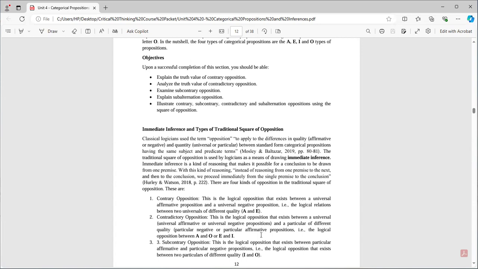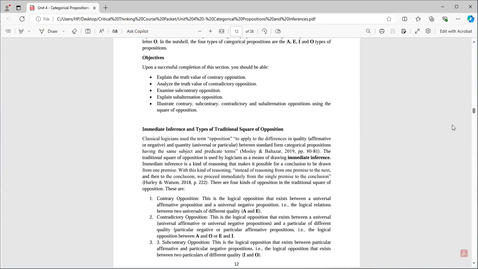If you have A versus E, universal affirmative proposition versus universal negative proposition, when the two of them interact, one as a premise and the other as a conclusion, we get what is called contrary opposition. A contrary opposition is an opposition between two universal propositions of different quality.